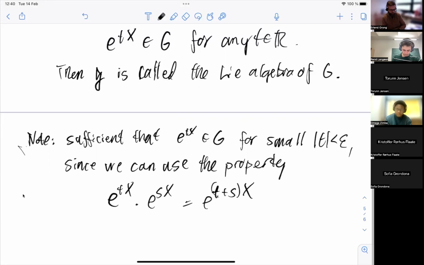So if this exponential map is contained inside the group for very small t, then we can just multiply them enough times to get any large t that we want. So it's enough that this starts out in G, and then it will never leave.